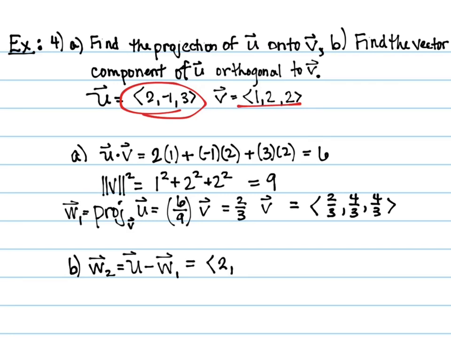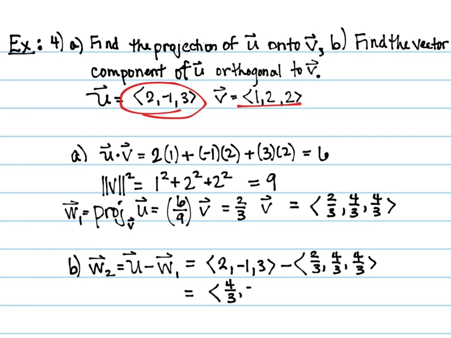Here, I'll write them down so that it's all in one place. 2, negative 1, 3, minus 2/3, 4/3, 4/3. Hannah, did you give me the first component? Yep, it is 4/3 when I subtract. My second component's negative 1 minus 4/3. Not negative 1/3, it's negative 1.